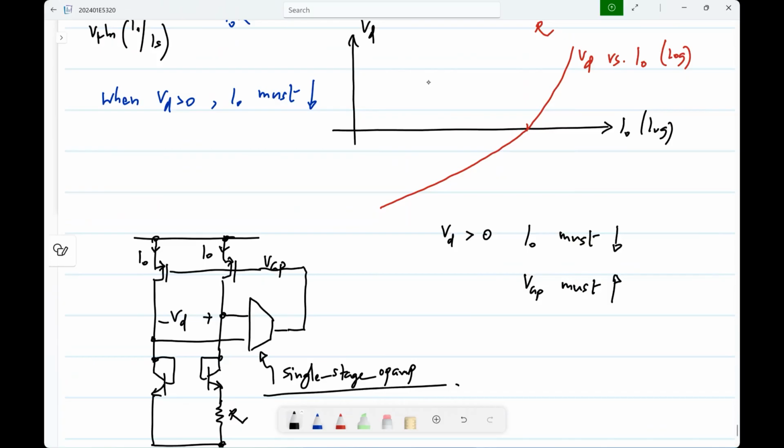What should be the op amp, upper one or lower one?